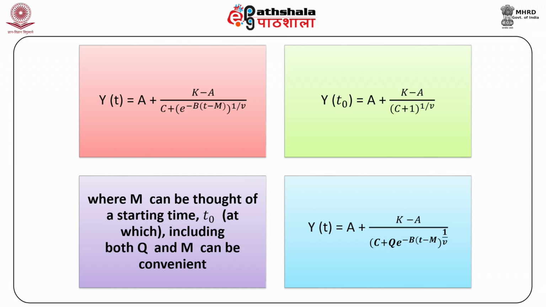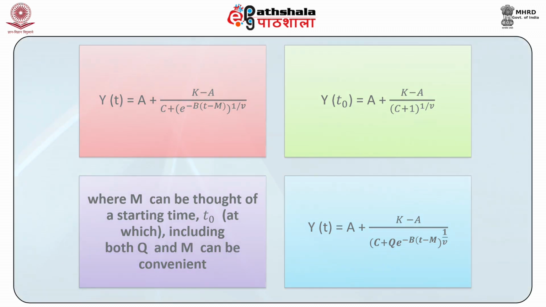Including both q and m, these can be conveniently written as y(t) = a + (k - a) / (c + q e^(-b(t - m)))^(1/ν). This representation simplifies the setting of both the starting time and the value of y at that time.